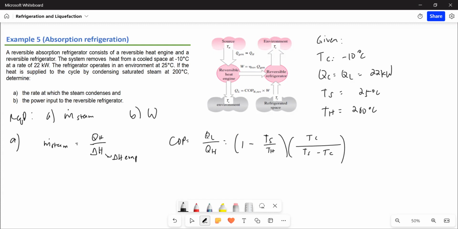So we're given this one, we're looking for QH, but let's solve for the COP by plugging in all of the temperatures.